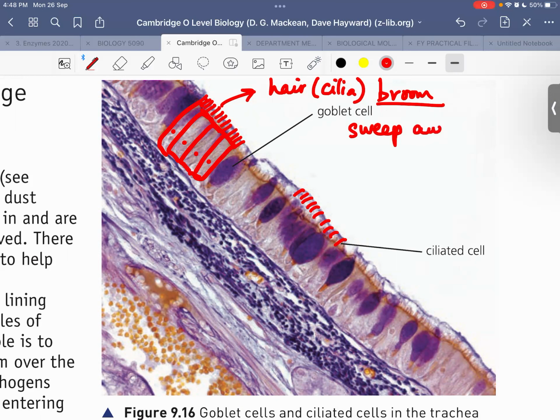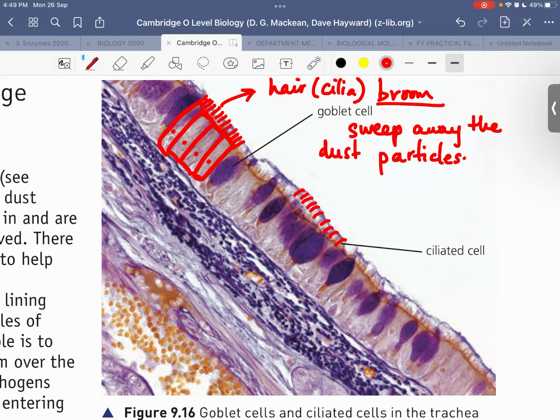But before these cilia sweep away the dust particles, because dust particles can be dry if you are inhaling dry air, the easy way to sweep them is to make these dust particles sticky. How to make them sticky?